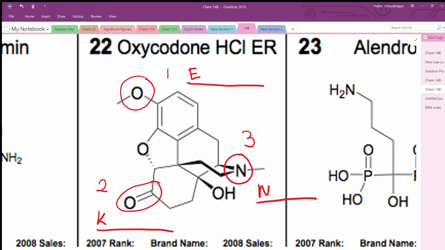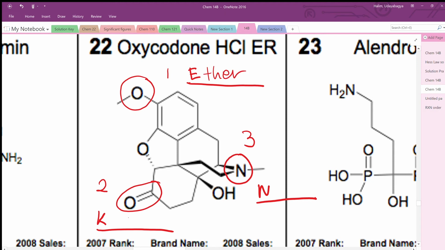Can you write a bit bigger? Number three, almost there. I think everybody got number one and number two. Number three is close. It's a really good guess. But this one here is ether. So everybody got that one right.